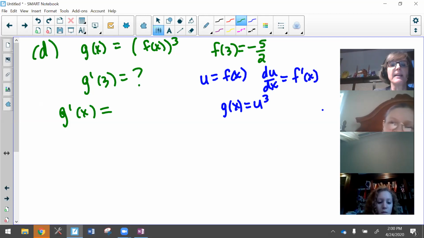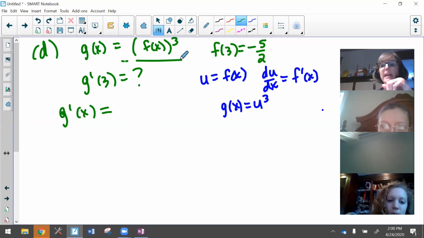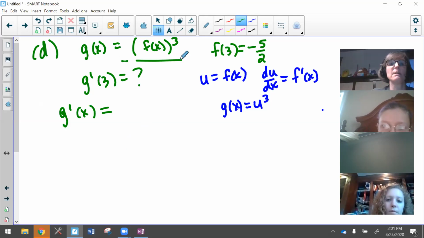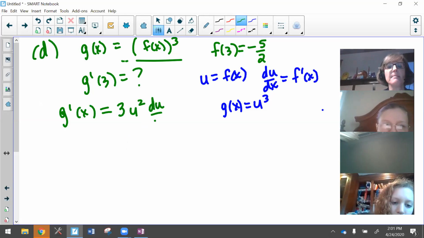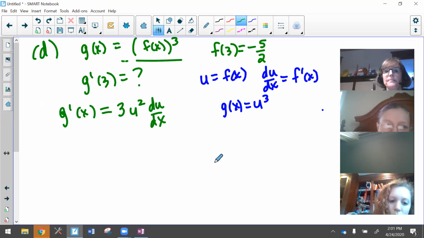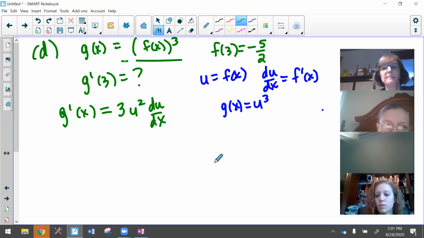So when I take the derivative of this, first of all, I have to use power rule, right? Because I've got u cubed. So it's going to be 3 u squared times du dx. Does everybody understand where that comes from?